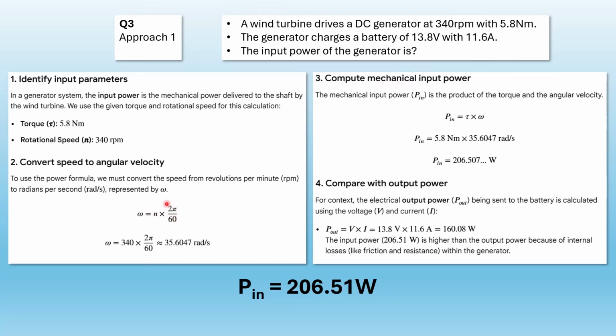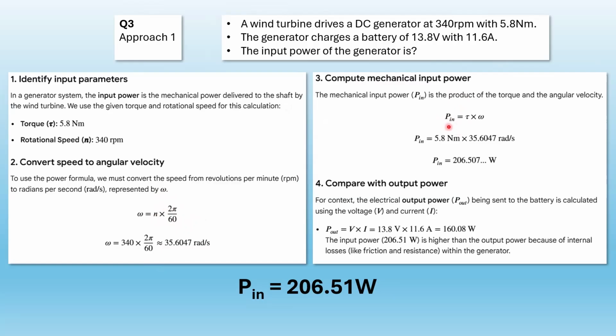A minute is 60 seconds, so how many full rotations, 2 pi radians, per 60 seconds?